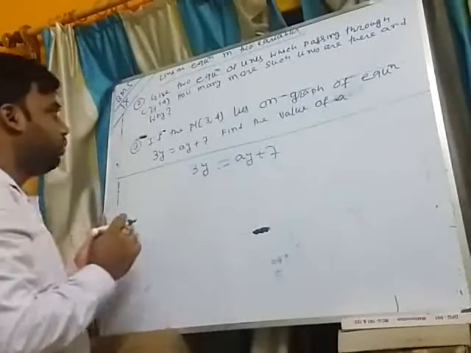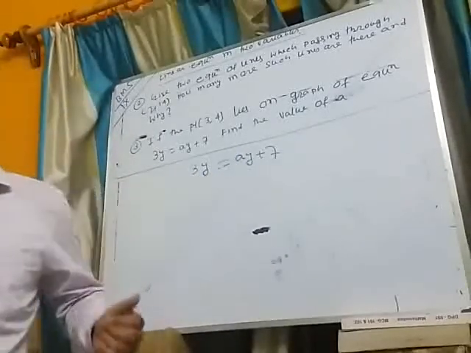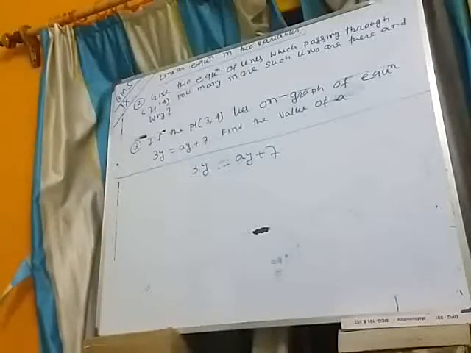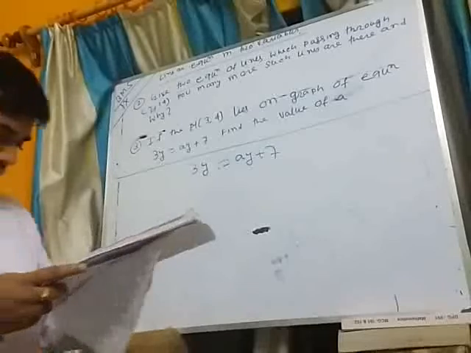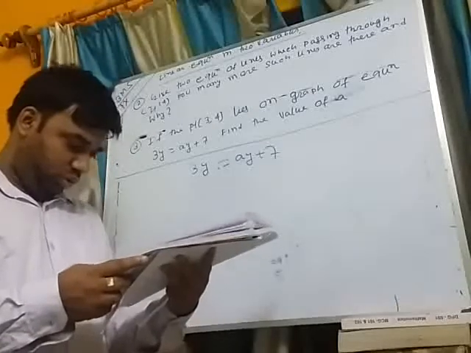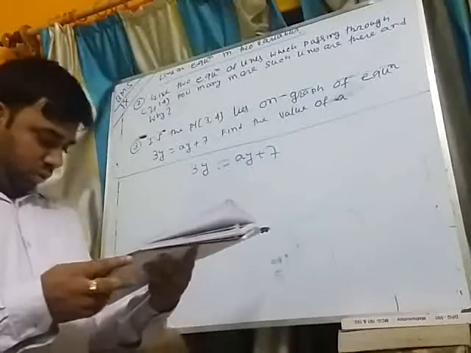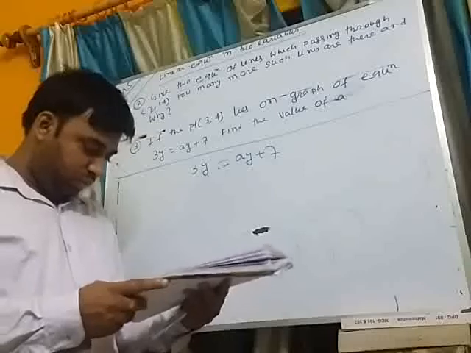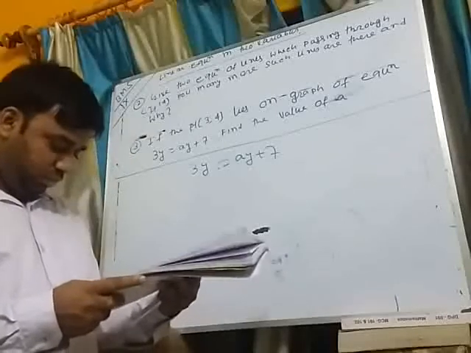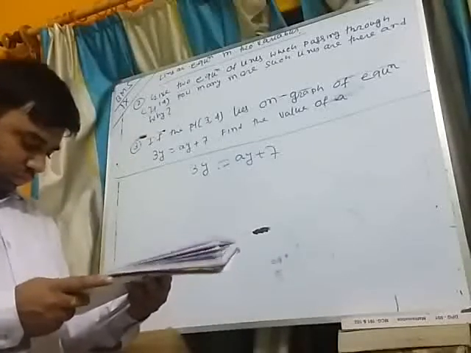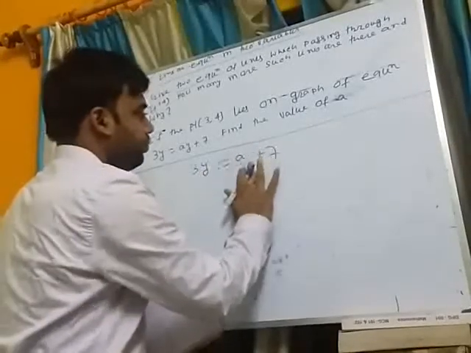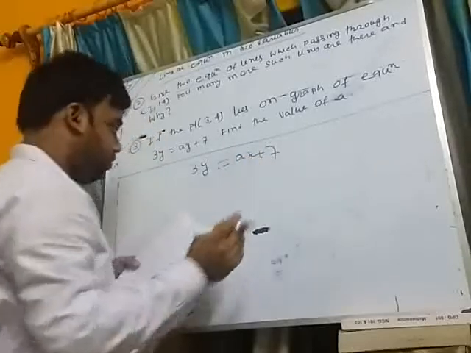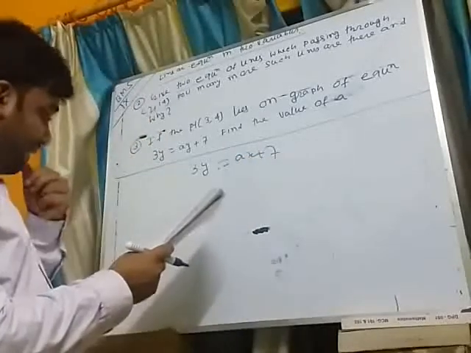That is not 3y equal to ay, I think it is ax. So 3y equal to ax plus 7.